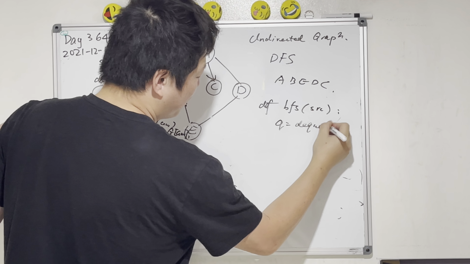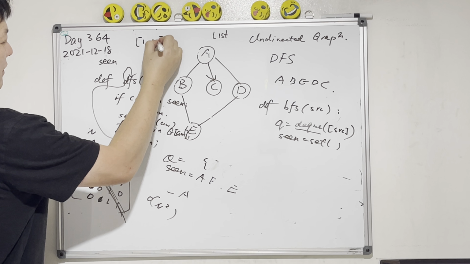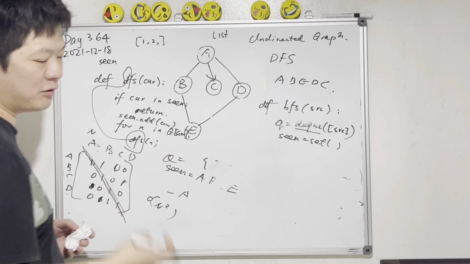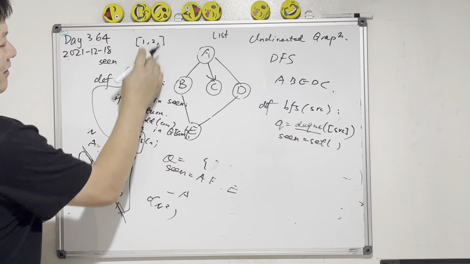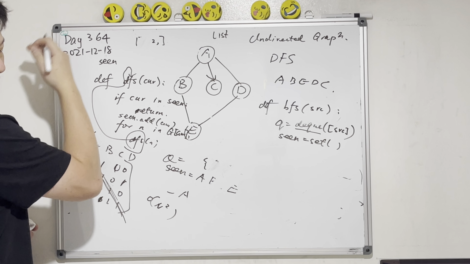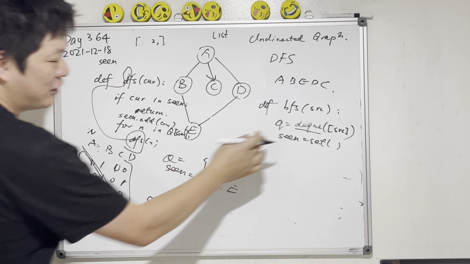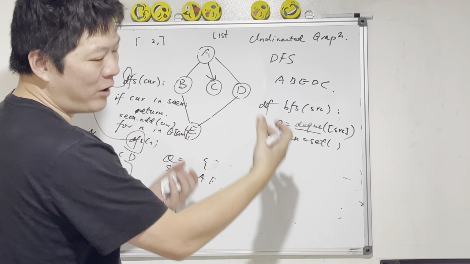Because if you look up in a list, it takes O(n) time. But for this queue, we don't need to look it up. We need to pop and append. Appending is O(1). Pop from the left of a list is O(n), right? But for the deque, it's always O(1) in both directions.